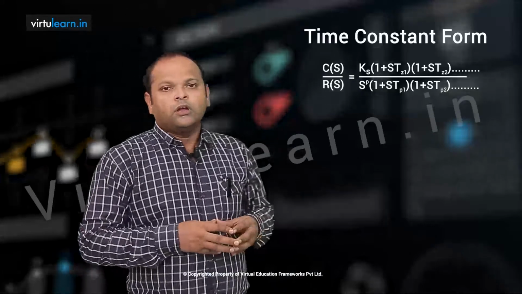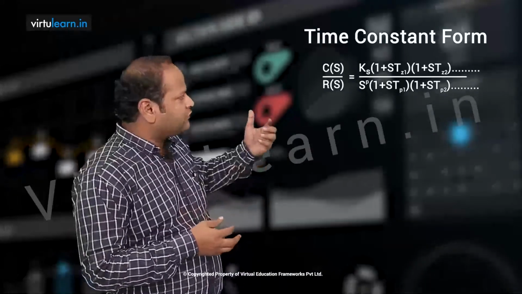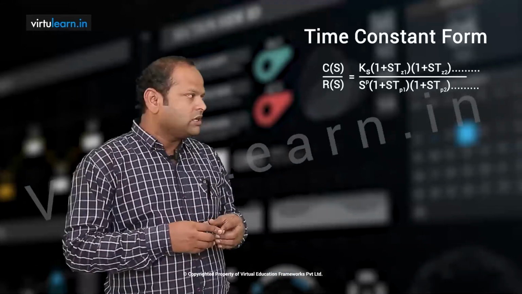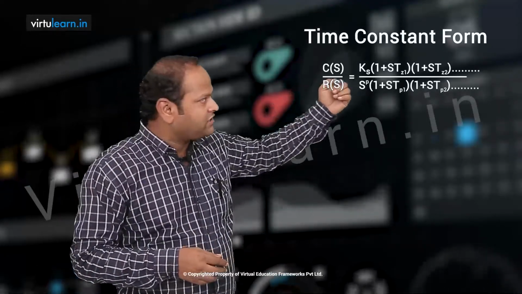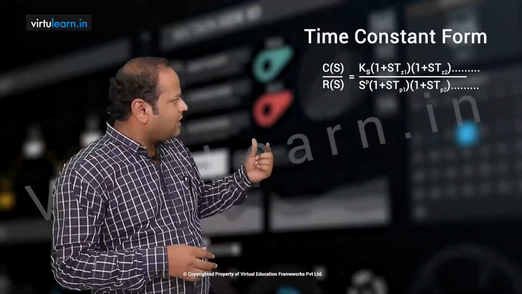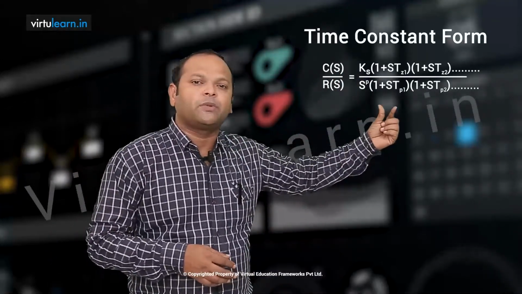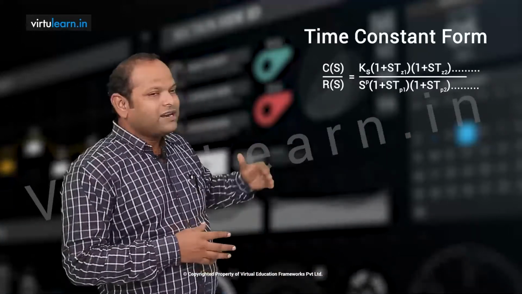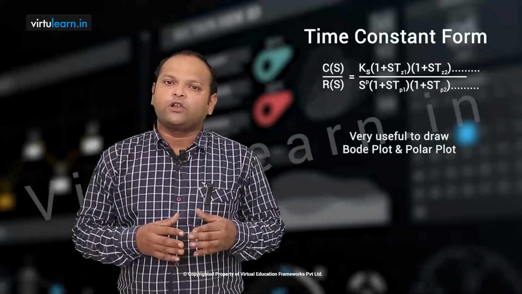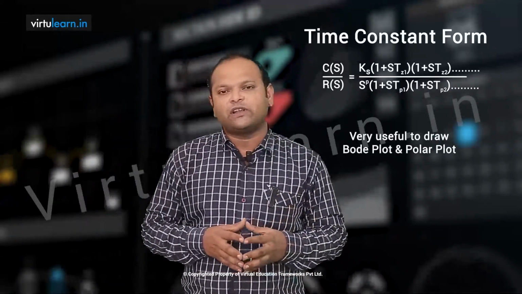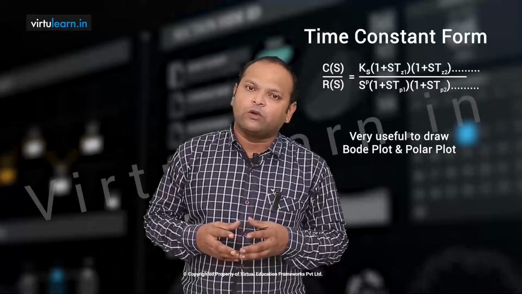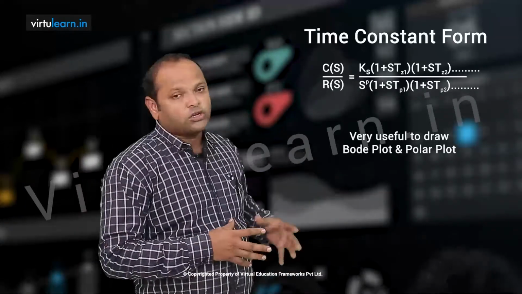If you have a transfer function in this form, it is called a time constant form. It is called time constant because Tz1, Tz2, Tz3 are the time constants of numerator terms. Similarly Tp1, Tp2, Tp3 and so on are called time constants of the denominator. This form is very useful when you draw the Bode plot as well as the polar plot. So for frequency response plots generally we go with the time constant form.